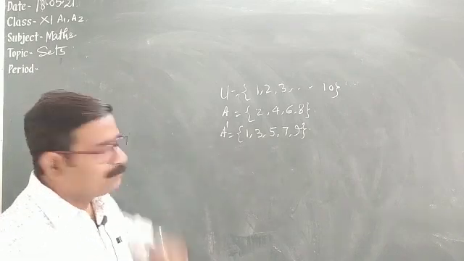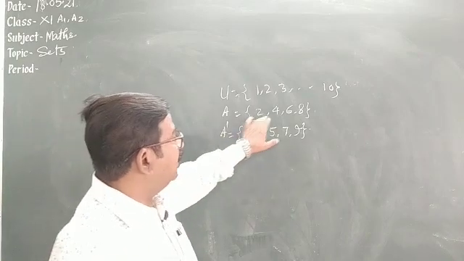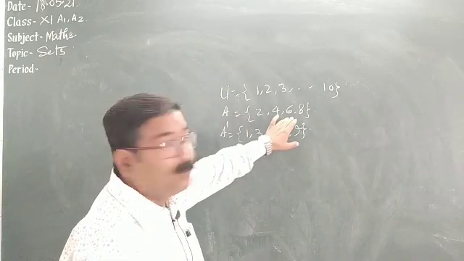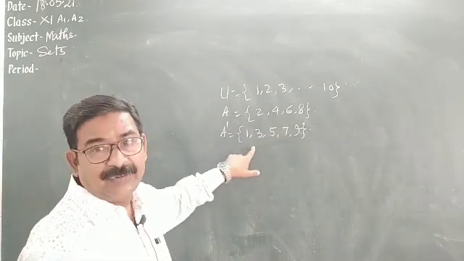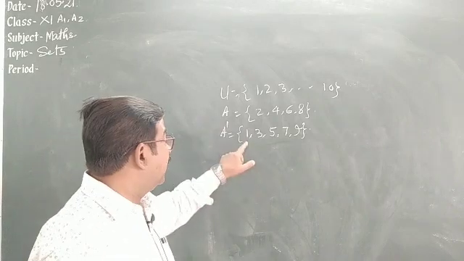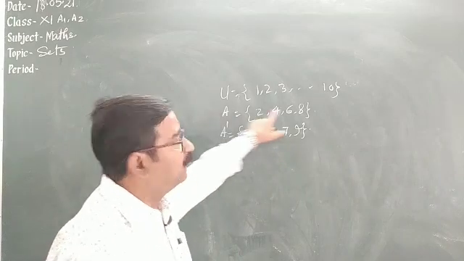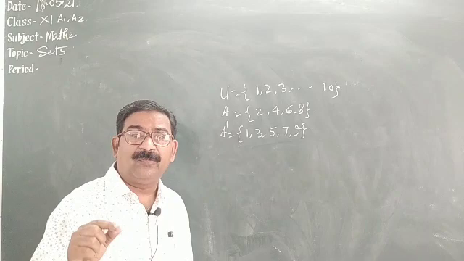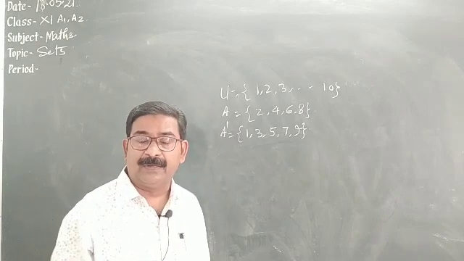Now check this. Try to understand. If an element is found in A, then it is not found in A dash. And conversely, if the element is found in A dash, it is not found in A. Means if any element is not found in its set, then it will be found in its complement.